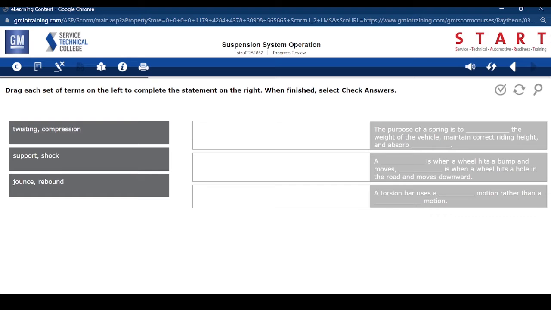Drag each set of terms on the left to complete the statement on the right. When finished, select Check Answers.